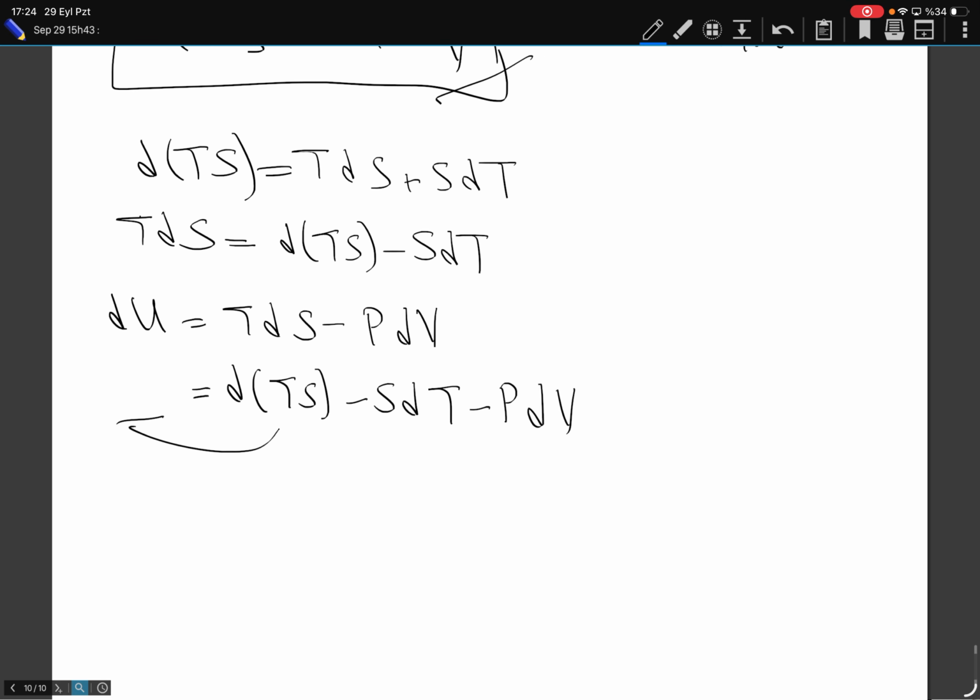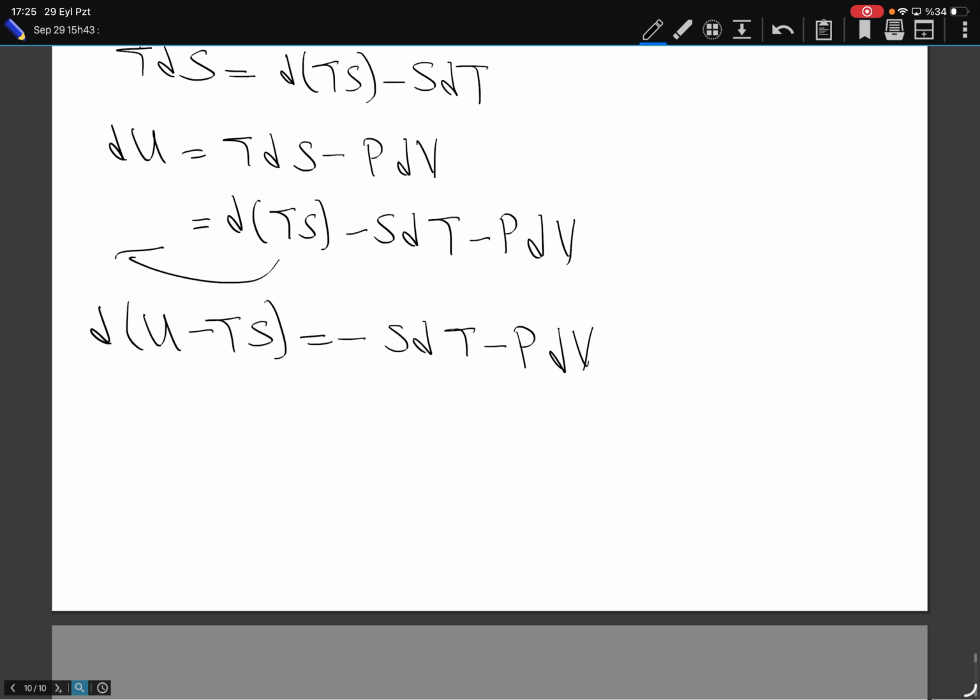If I move it to the left-hand side, the difference of the differentials of two functions is the differential of the difference of these functions. And U minus TS is what we call the free energy, F. So the differential of the free energy is minus SdT minus PdV.